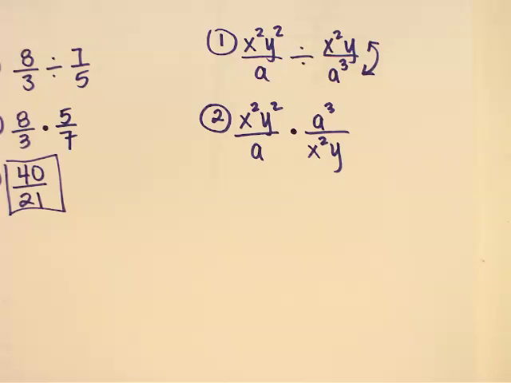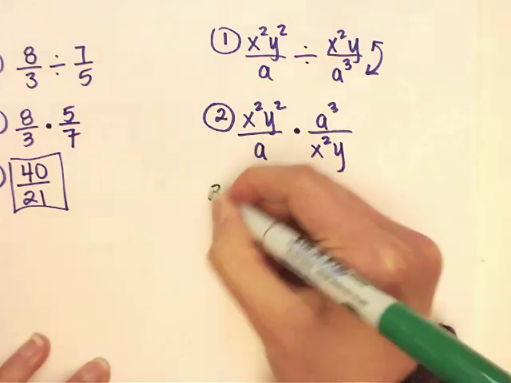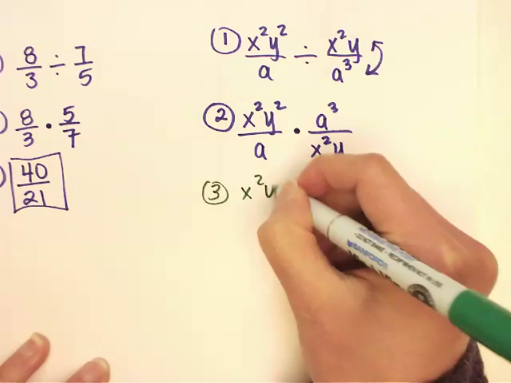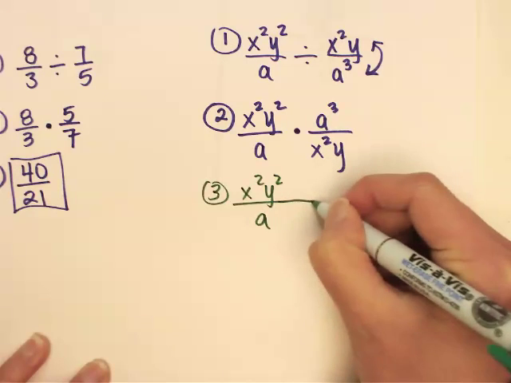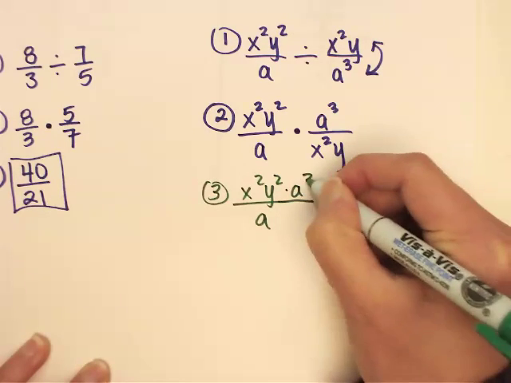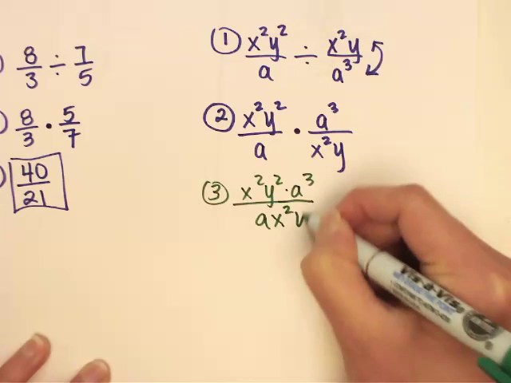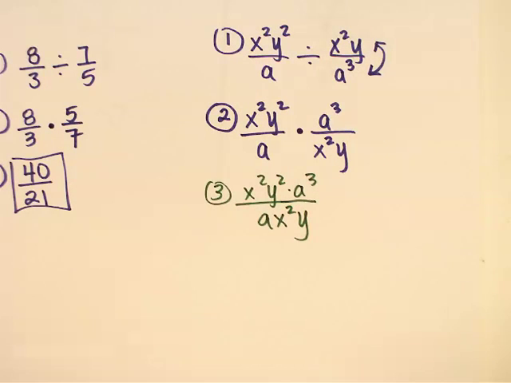Now we can multiply and simplify. So we have x squared y squared over a times a cubed over x squared y. Now we can cancel any common factors that we might find.